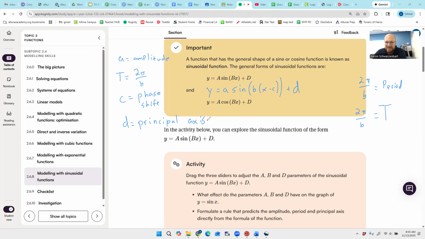Notice my B is factored out from the x minus c. Otherwise, your phase shift is C over B.